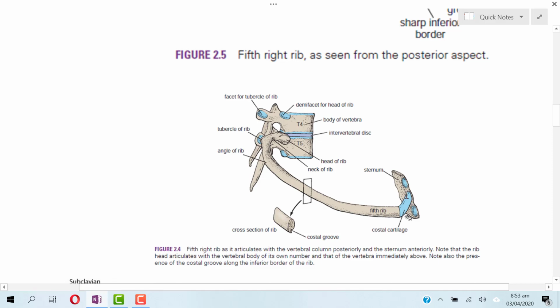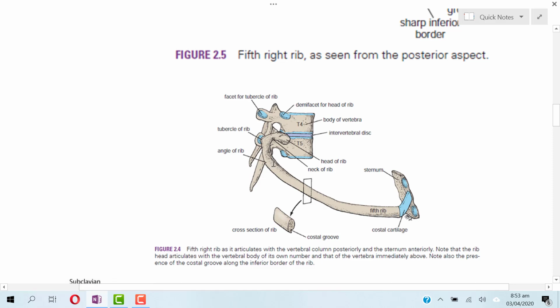Can you see this chondrosternal joint? There will be a chondrosternal joint. This chondrosternal joint is a primary cartilaginous joint for the first rib and a synovial joint for the second to seventh ribs.